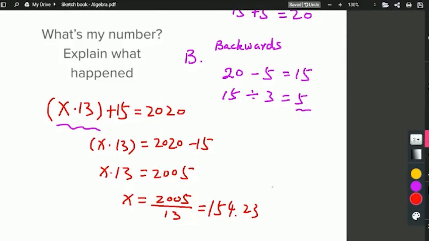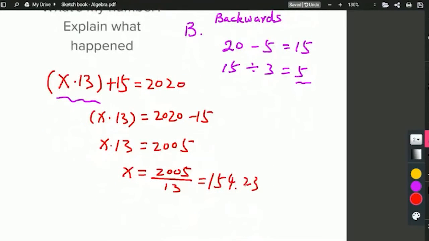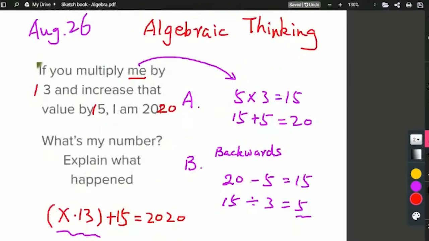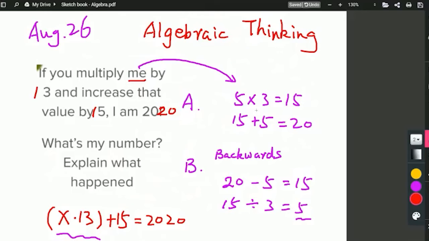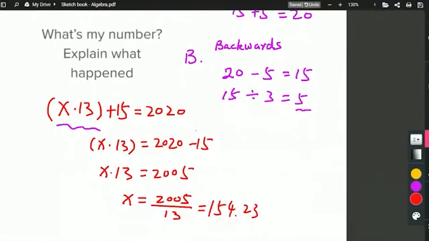As you can see here, it's impossible to just get this 154.23 using this method. You can never just immediately read it's 154. But with this algebraic thinking, we solved it. So that's the power of algebraic thinking.